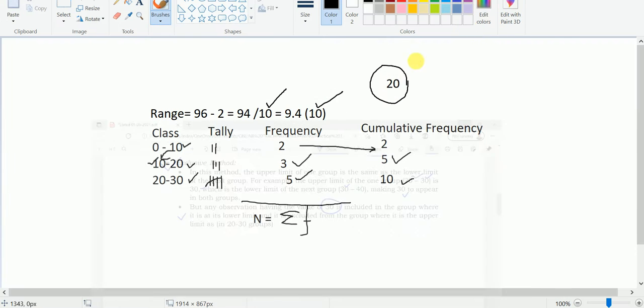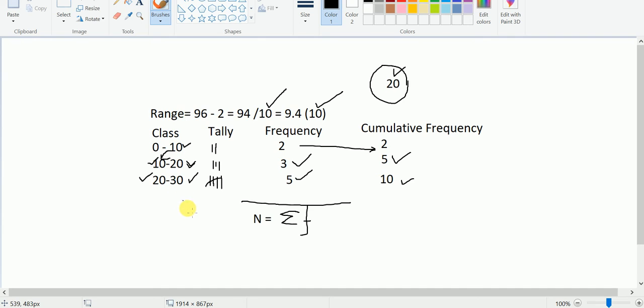That means this value 20 will be counted in the class where it is the lower limit. So in the class of 10 to 20, 20 will not be counted. 20 is excluded, and hence the name is given: exclusive series or exclusive classes.